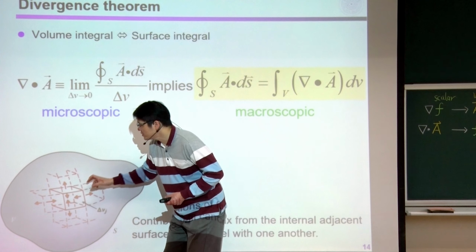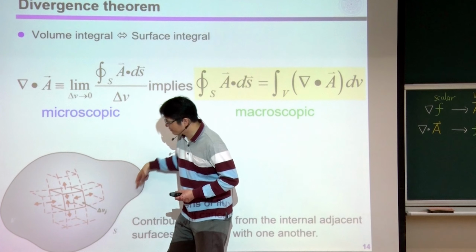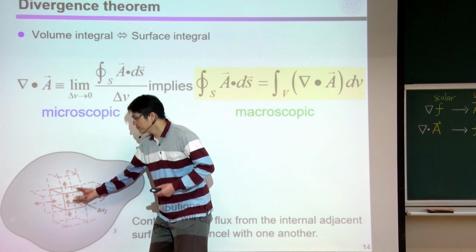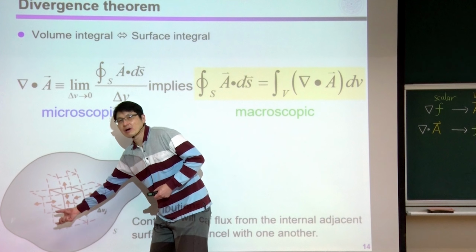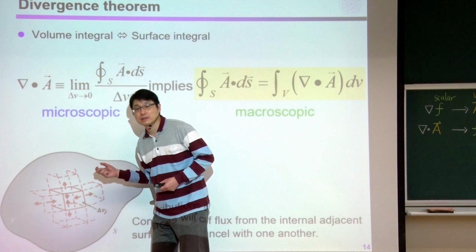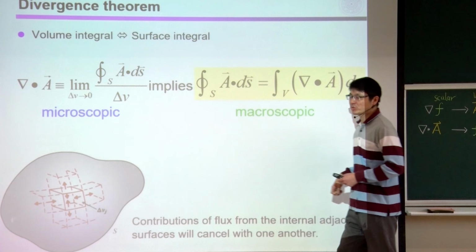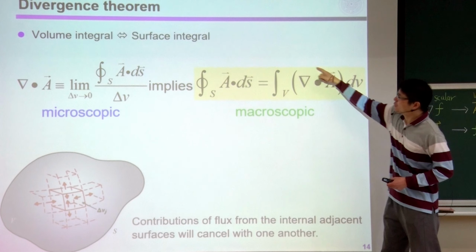And then somehow, to synthesize or recover the entire structure, I'm doing the integration for all the cubes. Okay? So I'm integrating over the entire volume. For each cube, I calculate its divergence, and I integrate everything.